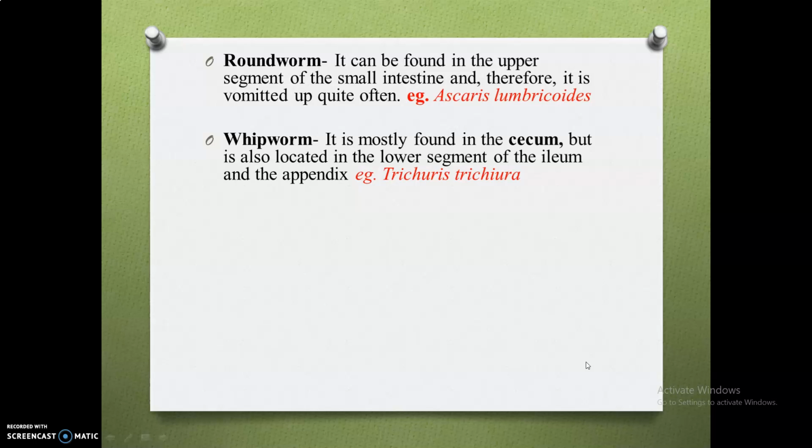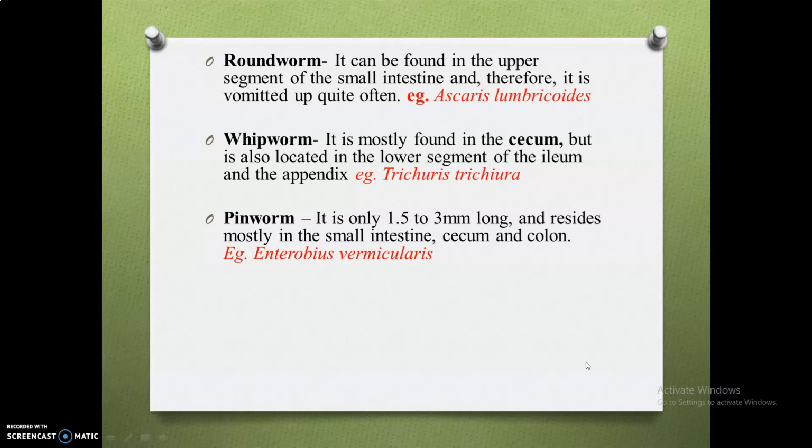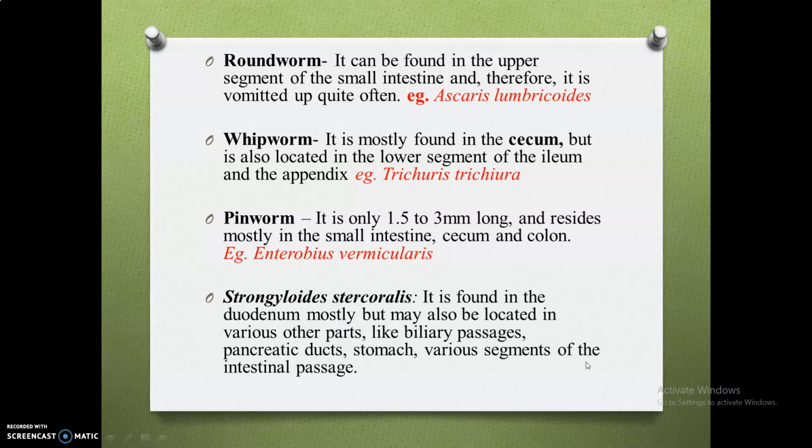It has the example Trichuris trichiura. Pinworm. It is only 1.5 to 3 mm long and resides mostly in the small intestine, caecum and colon. Example: Enterobius vermicularis.